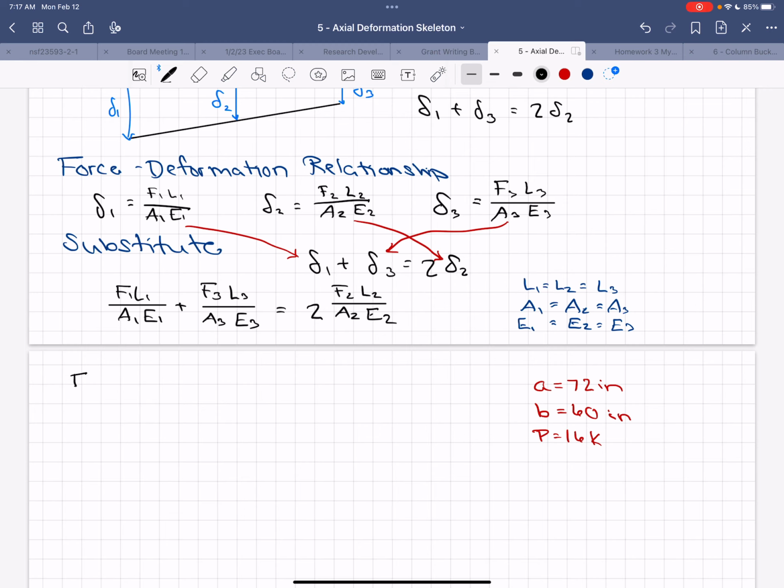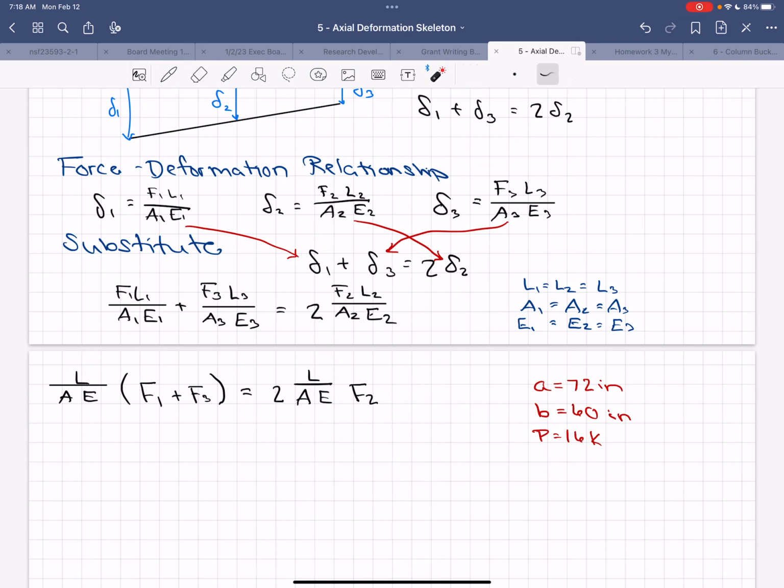There's the beauty of doing this over video instead of in class. So I'll do this step. Are all the L's equal? So we can pull out an L divided by AE, and then what's left is F1 plus F3 equals 2 times L divided by AE times F2.